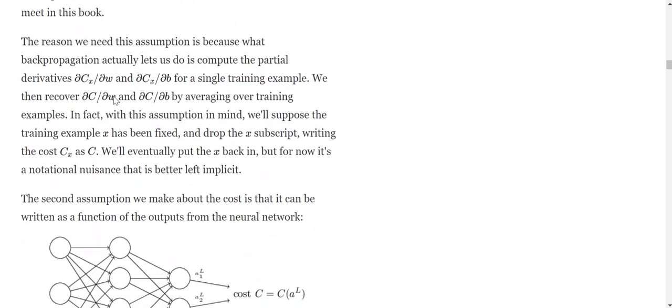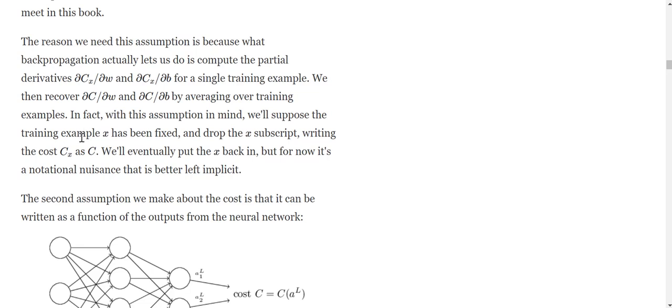The reason we need this assumption is that what backpropagation actually does is compute the partial derivatives for a single training example, and using that we then recover the entire partial derivative by averaging over training examples.